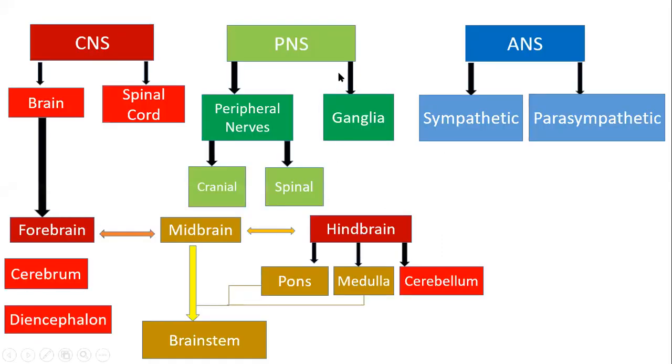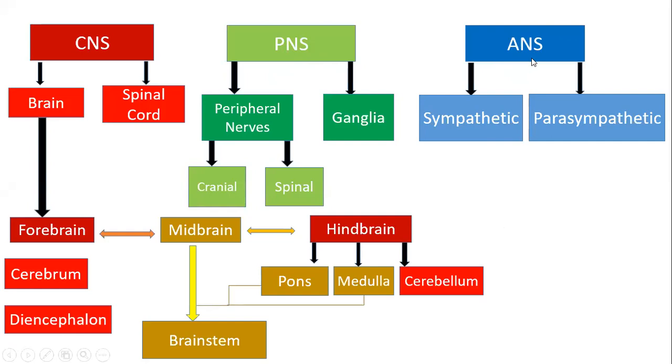Now, let's start with the classification of the nervous system before we further move on to the details of the other structures. The nervous system of the human body is divided into the central nervous system, peripheral nervous system, and autonomic nervous system. So we have the CNS, PNS, and ANS.